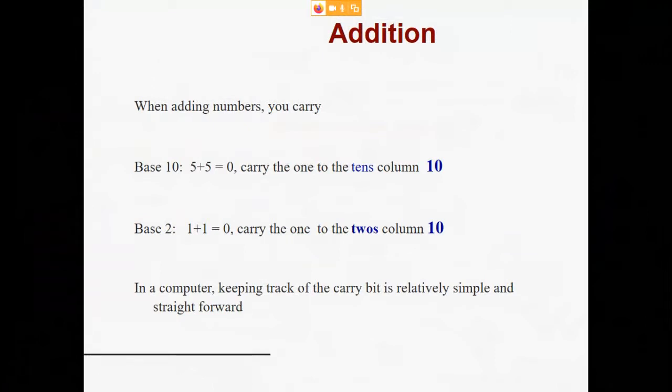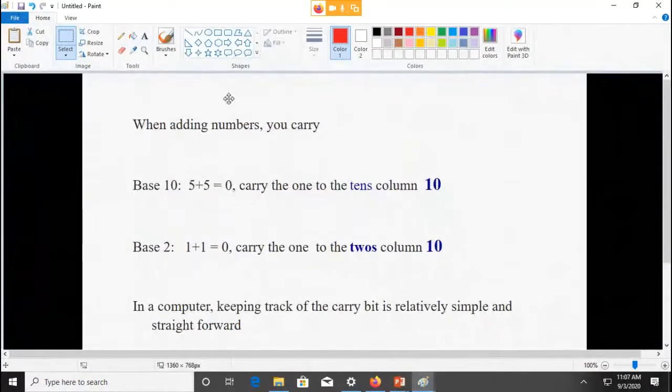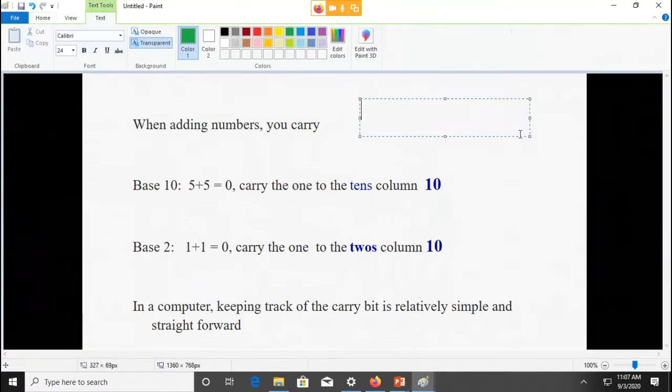If we take the numbers 5 plus 5, in decimal, if we try to add this in decimal, 5 plus 5, now remember in decimal, we only have the possible values of 0, 1, 2, 3, 4, 5, 6, 7, 8, and 9.